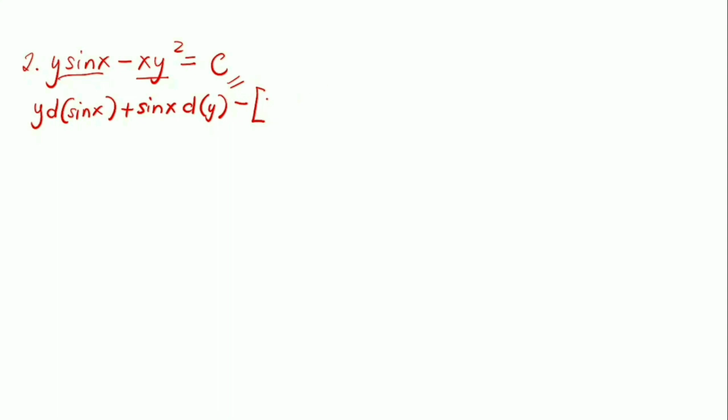Okay? So, x, the derivative of y squared, plus the y squared derivative of x. Okay? So, is equals to 0. Because the derivative of constant is equal to 0. Okay?